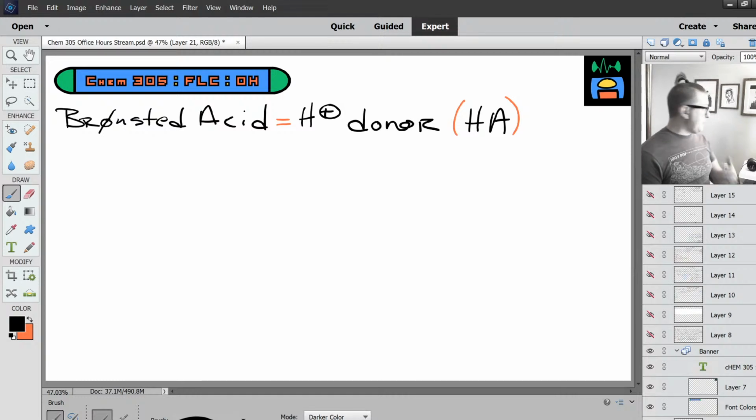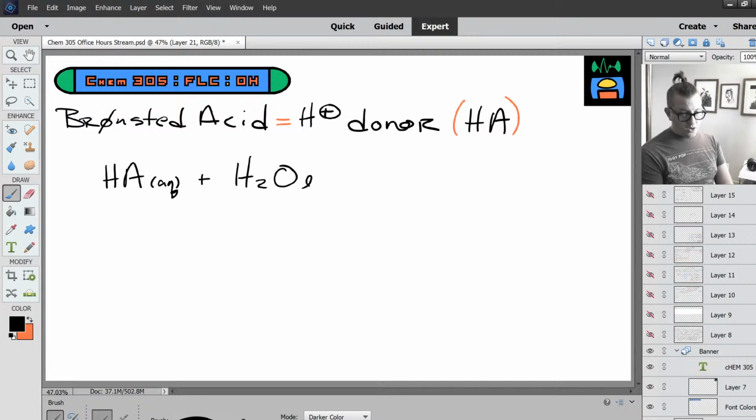Now, when a Bronsted acid reacts with water, you're going to have HA, and all our acids are aqueous, reacting with water, H2O. Now, to figure out our products, we need to know what our things are doing. HA is our acid, and that means that water must be our base.